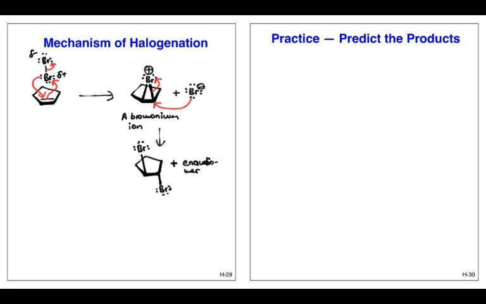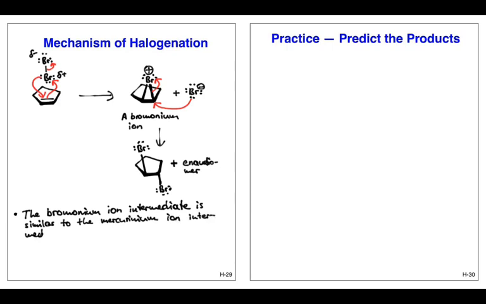But first, a couple more notes here. The bromonium ion intermediate is actually really similar. Remember that it's similar to the intermediate obtained for mercuration, which we discussed a while back. Again, giving you a couple seconds here to write.